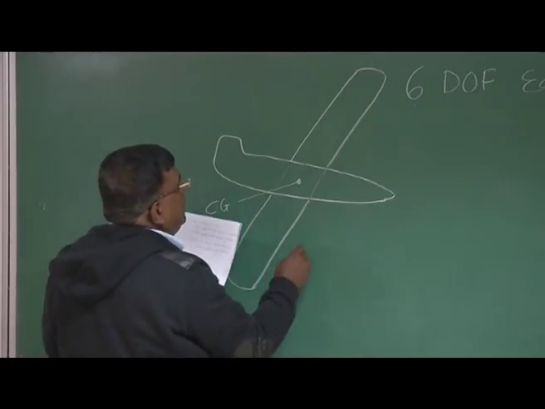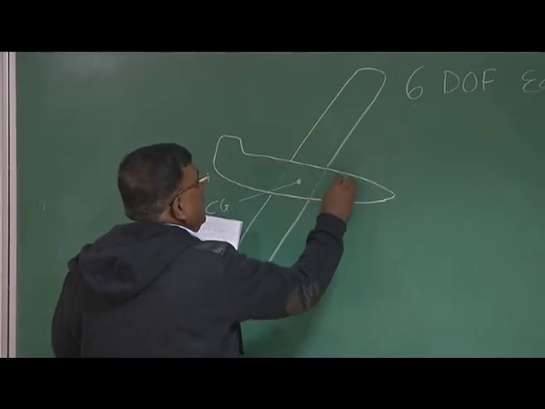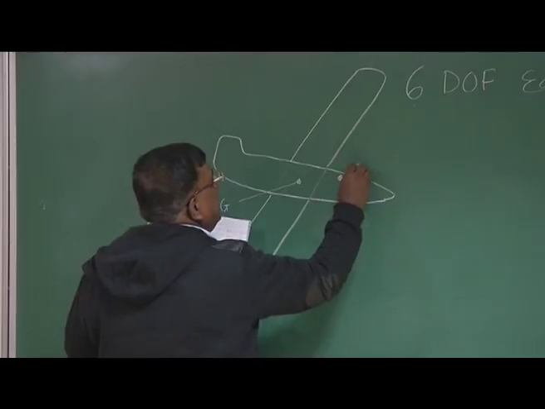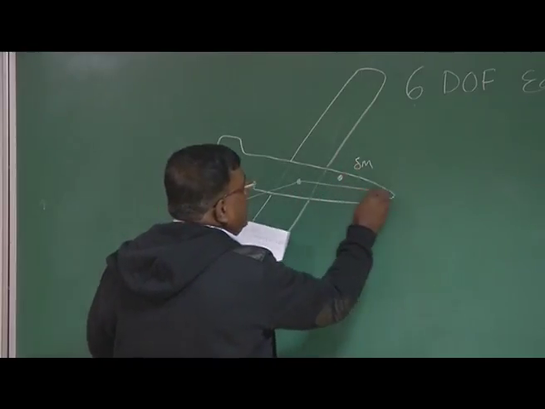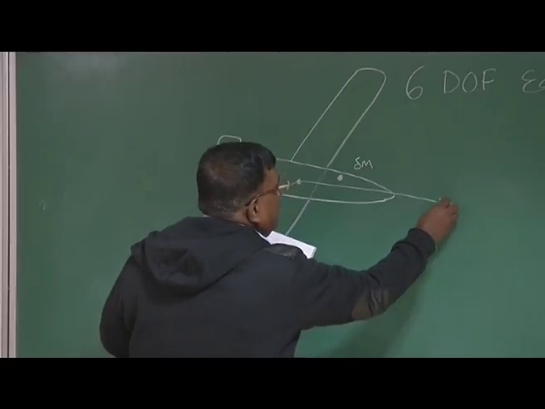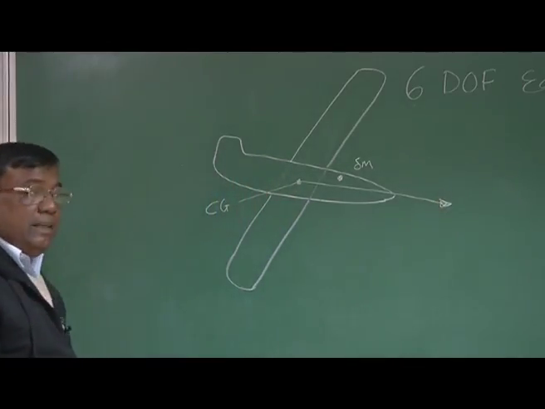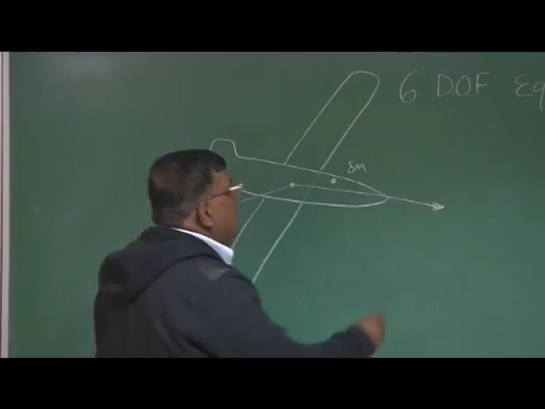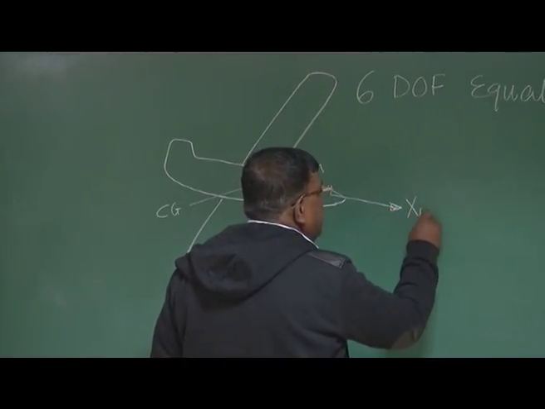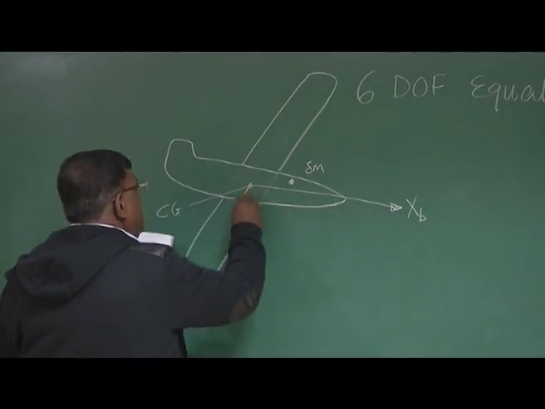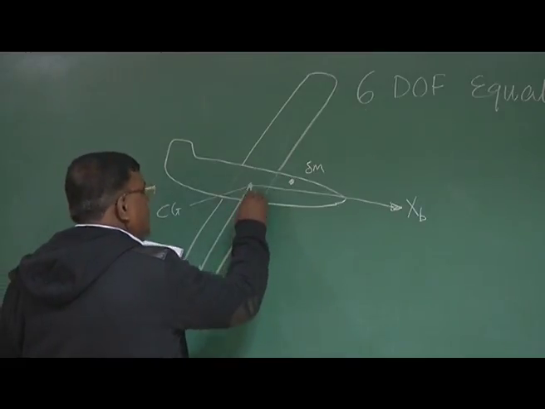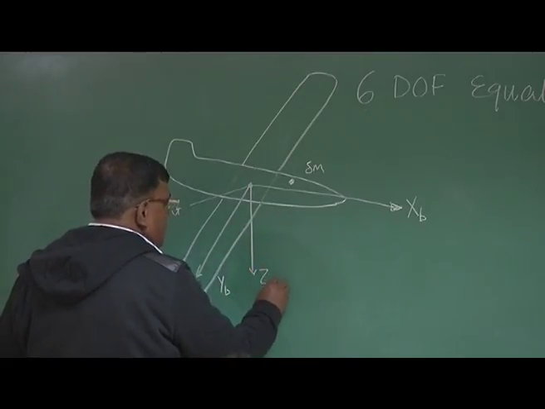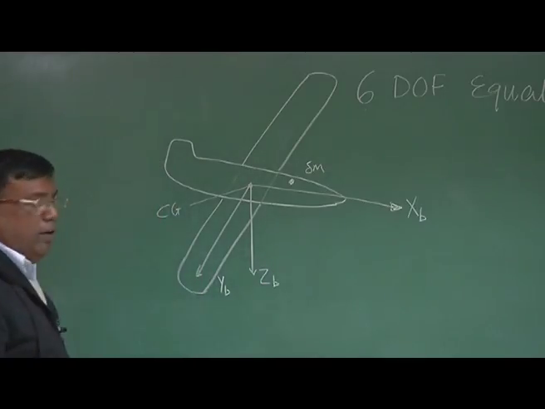The airplane has its center of gravity, and I am taking any mass delta m. And as you know, now we are drawing the body fixed axis system. So I will use xb, then this is yb, and somewhere here this will be zb. B means body fixed axis system.